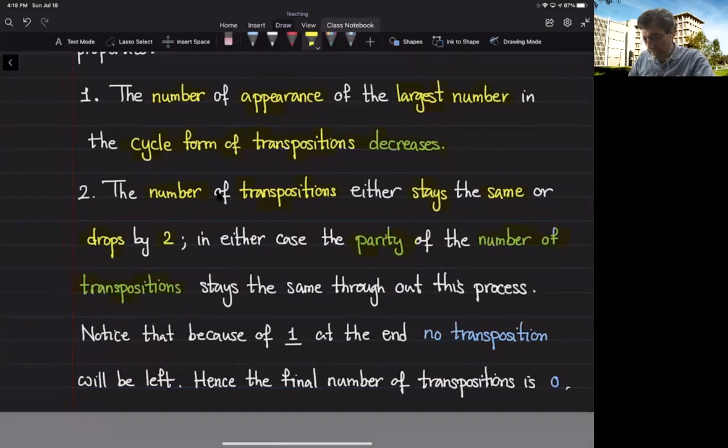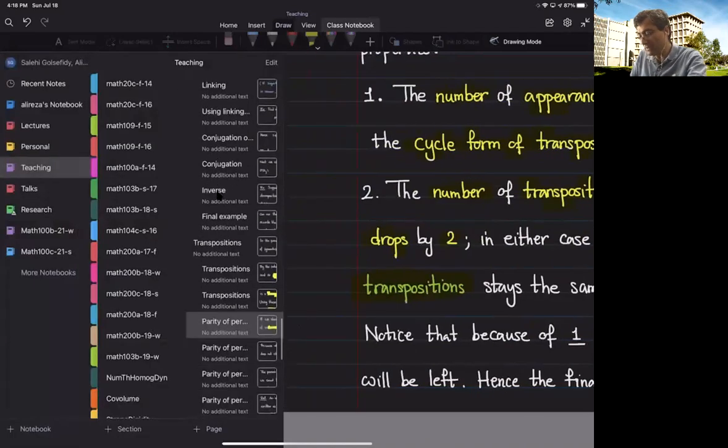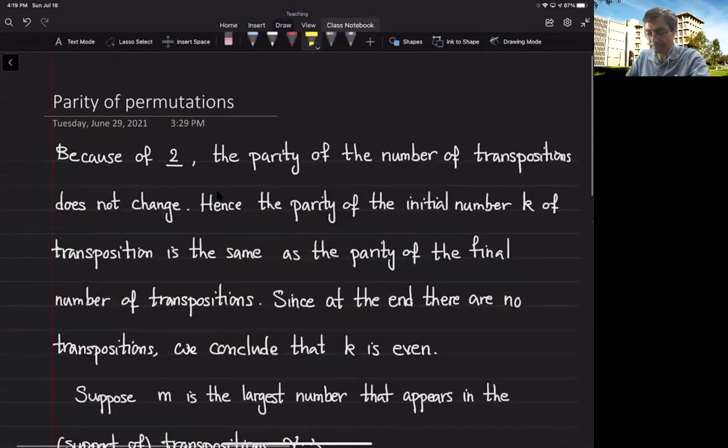So because of 1 and 2 together, at some point we get no transpositions, which means that the final number of transpositions is 0. Now, because the parity of the number of transpositions does not change through this process, the initial number of transpositions should be even as well, and that would finish the proof of the claim.